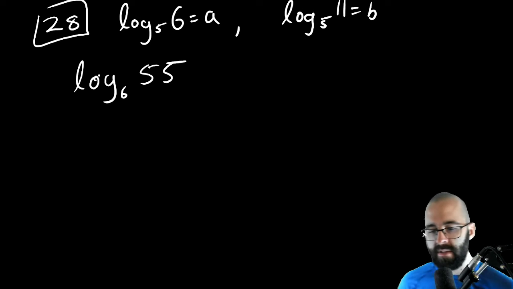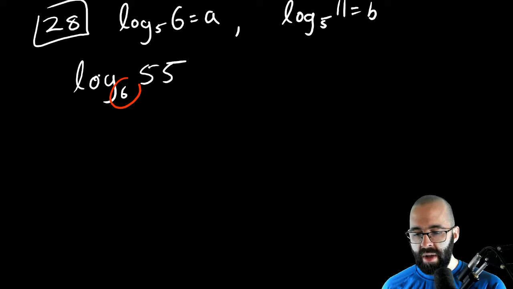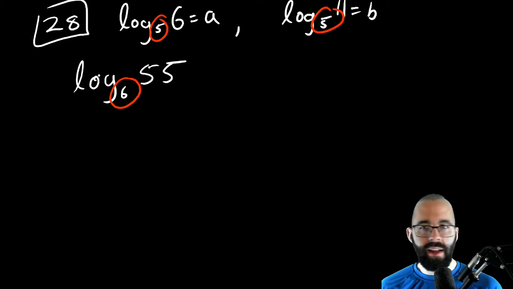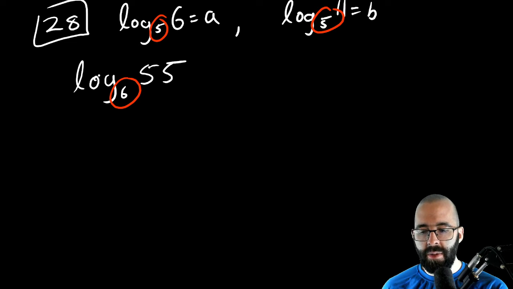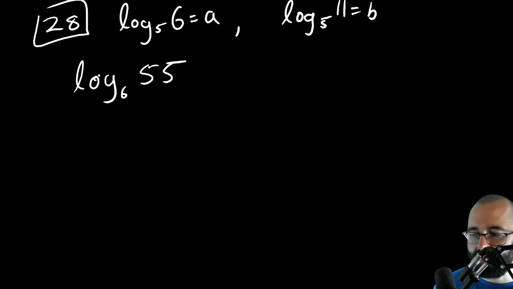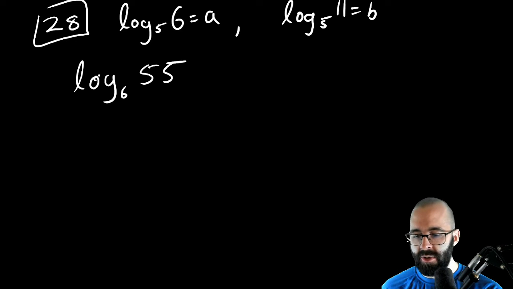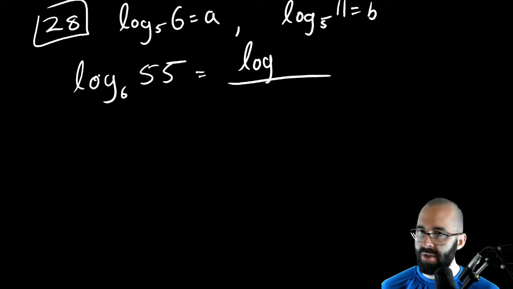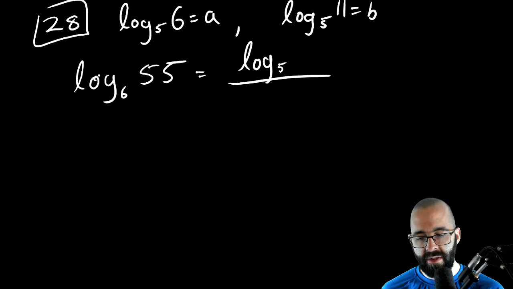So again, we have the wrong base. We can't use any of these properties unless our bases are the same. So our first thing we need to do is use the change of base formula. Change of base formula says that as long as we divide, we can change the base to whatever we want. So let's change it to log base 5.